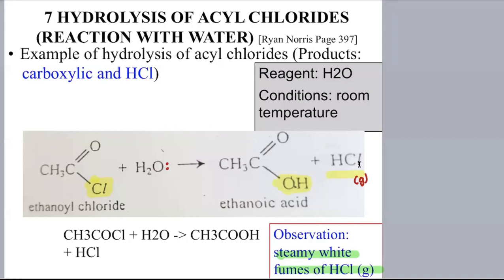The lone pair on the nucleophile attacks the slightly positive carbon, only that carbon. It will not attack other carbons on the alkyl group because they don't attract the nucleophile. They're not slightly positive. So that carbon will form a new bond with oxygen there. That means carbon will have 5 bonds, so one of the double bonds will have to break.